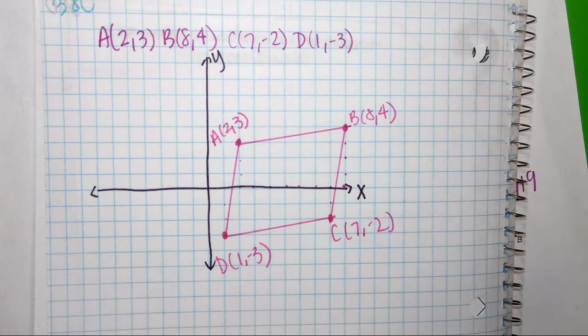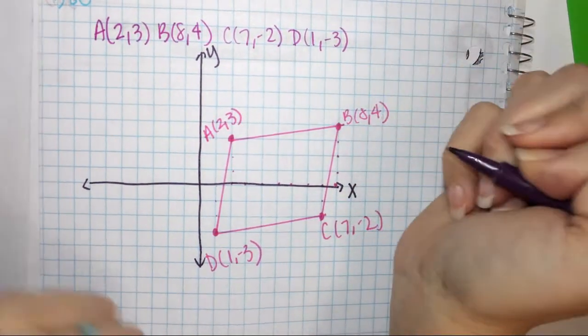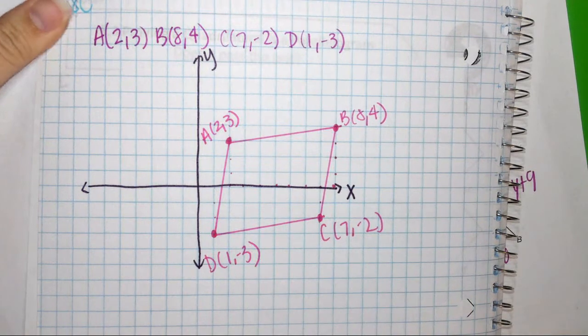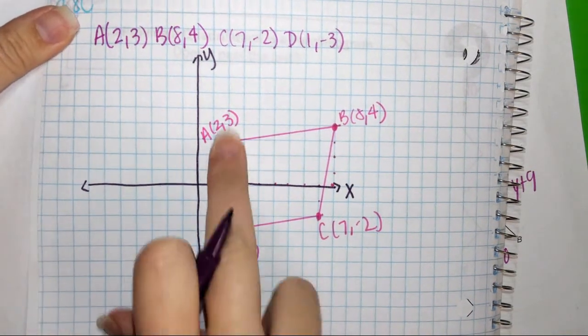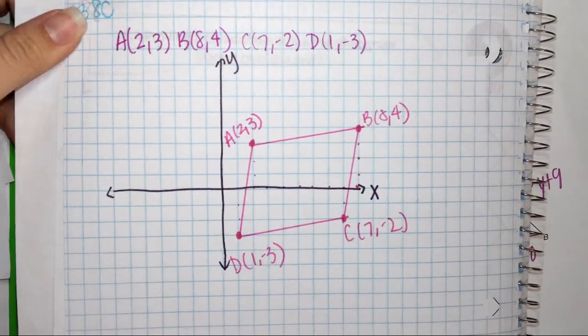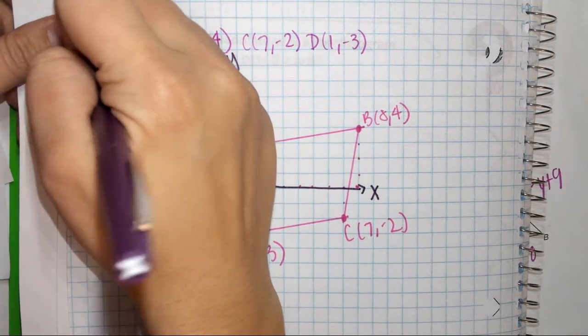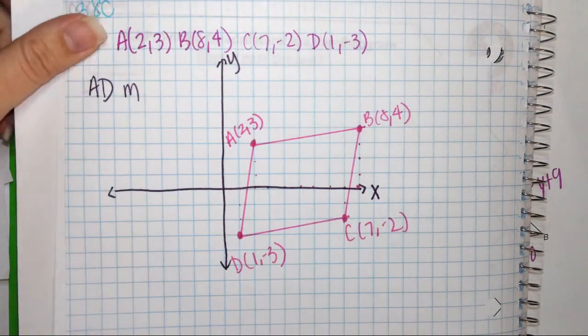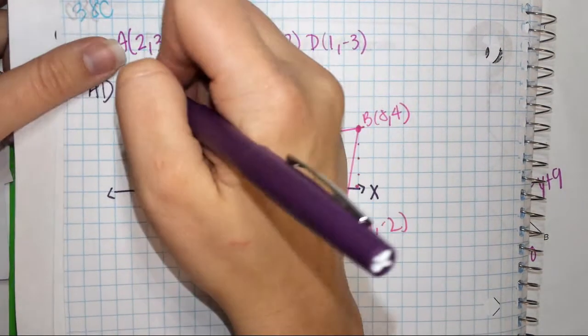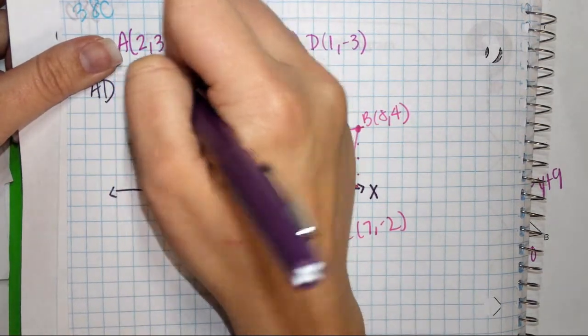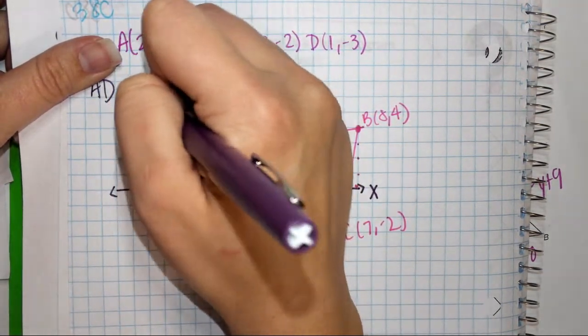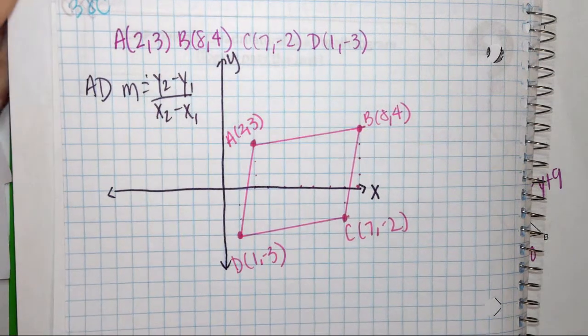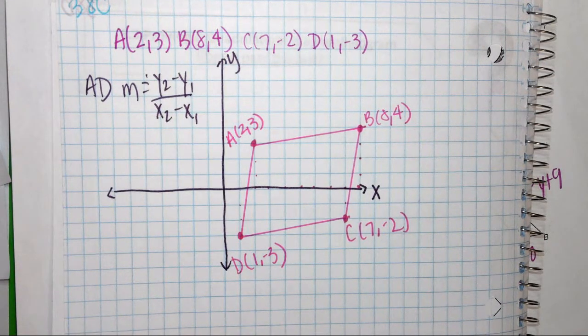So we know that parallel lines have the same what? The same slope. Good. So we're going to find the slope of each of our segments, and we're going to determine if they're the same. So we find the slope of AD. The slope formula is y2 minus y1 divided by x2 minus x1.